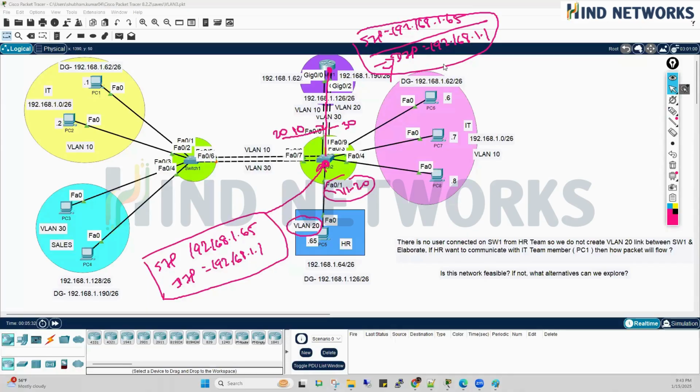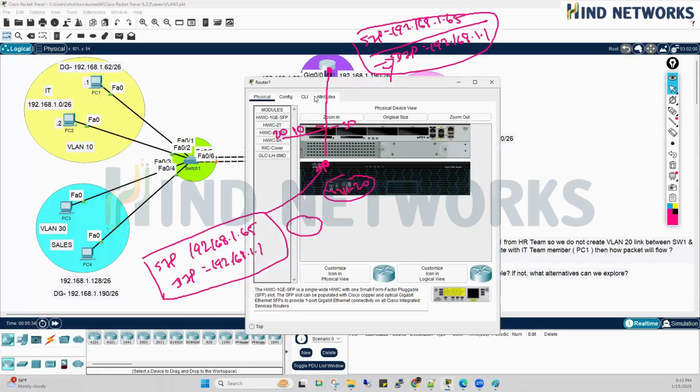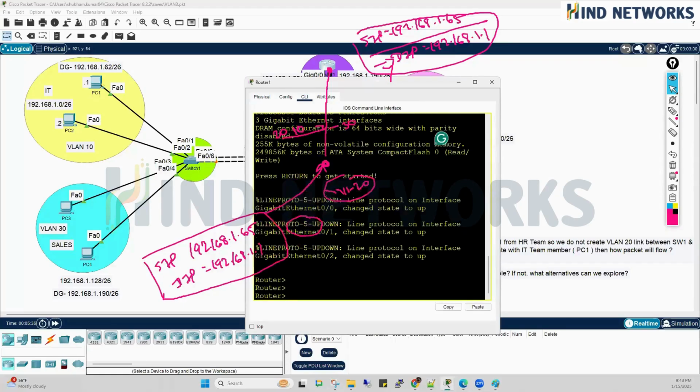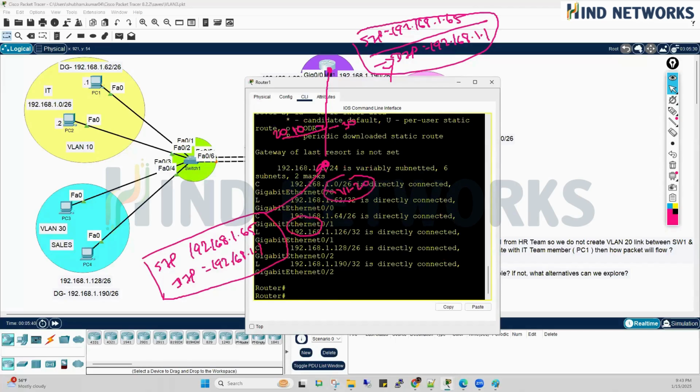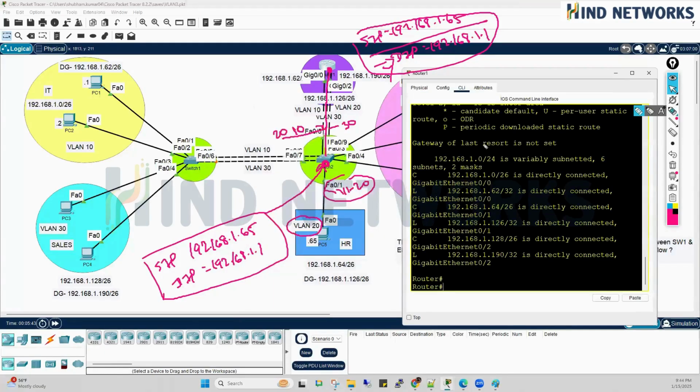Router will take the forwarding decision. But how? Router will check the routing table. In the routing table, are you guys able to see the 192.168.1.1 network? See here very carefully.